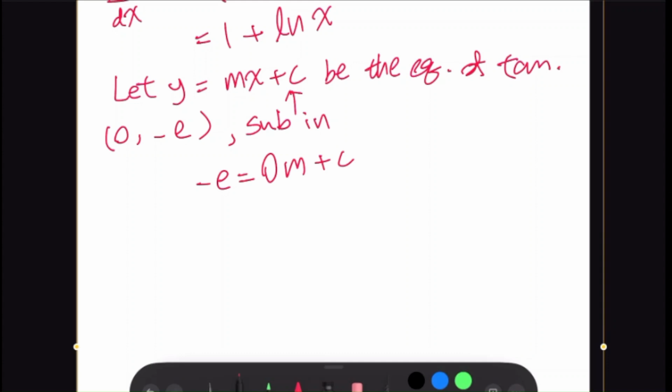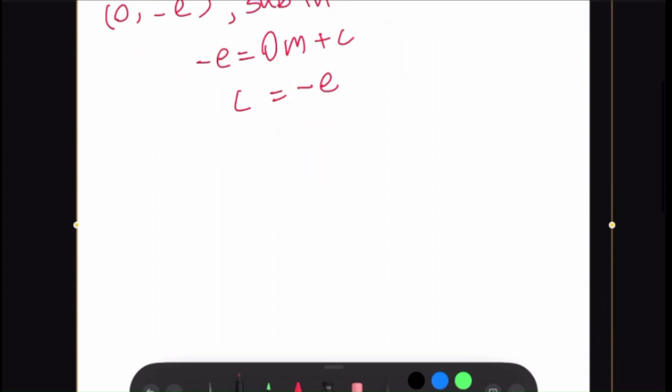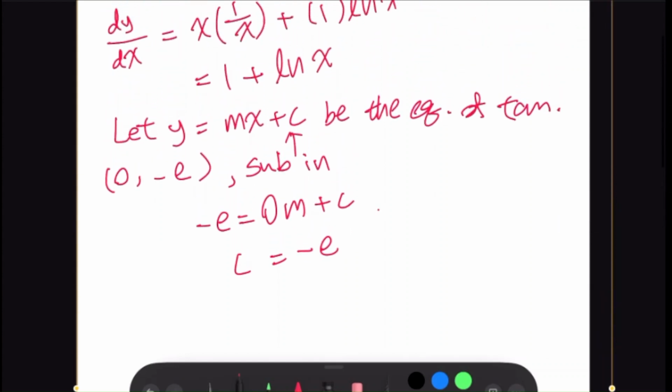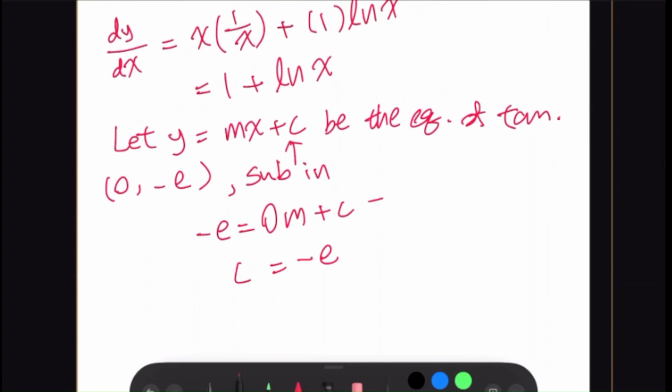Then c is negative e, which turns our tangent equation into y equals mx minus e. And this is mostly the easy part.